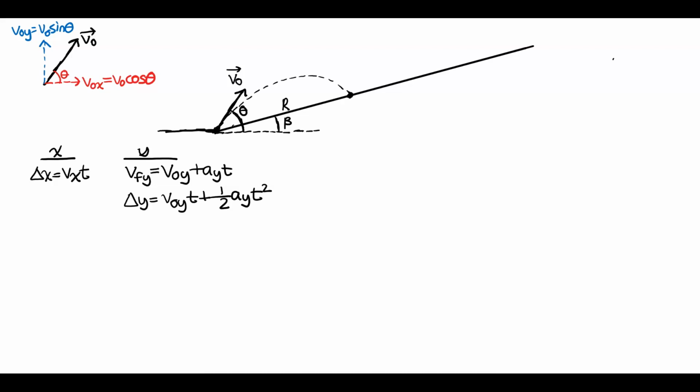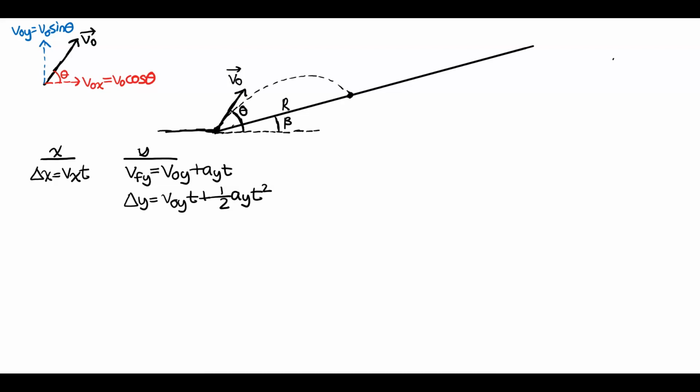Now, let's see how we can use the principles that we use for our easier problems and apply them to this problem as well. We want to find time because time relates both of these equations. Which one of the equations can we use to find time?